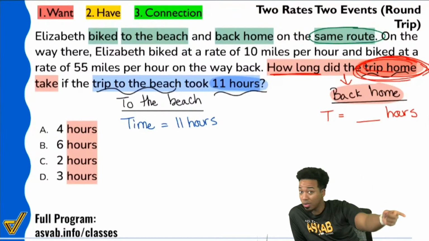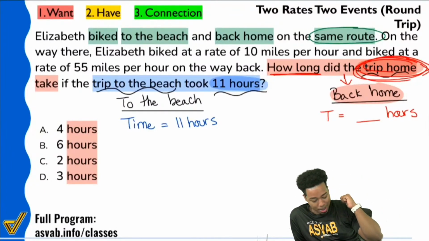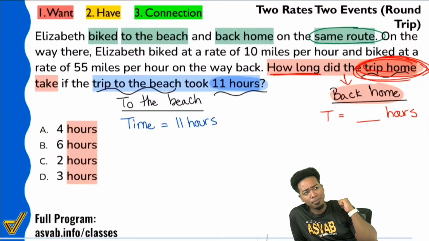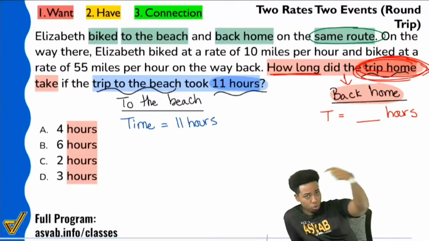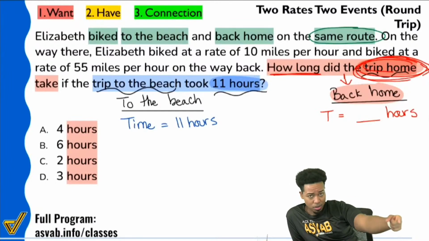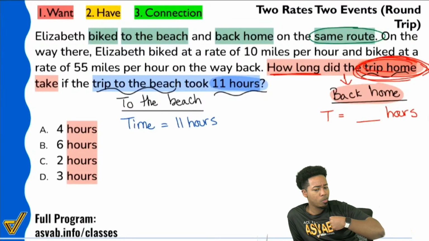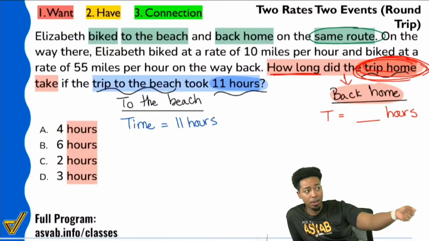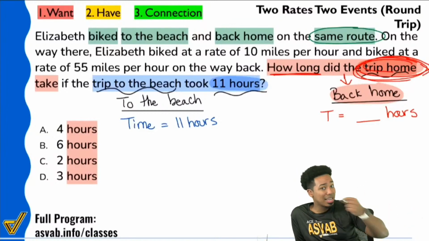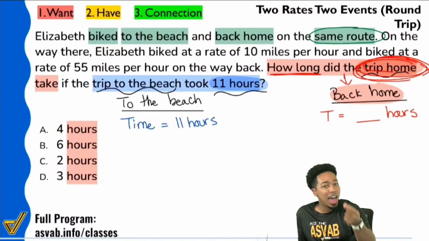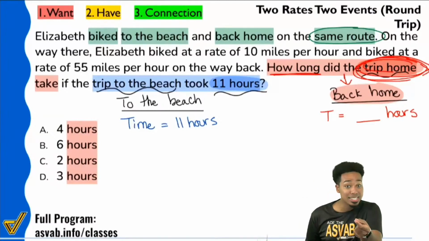So the exact same route that I took to his place, I came the same way back home. If it's 15 miles from my place to Rashawn's place, and I went there, how many miles is it back home?